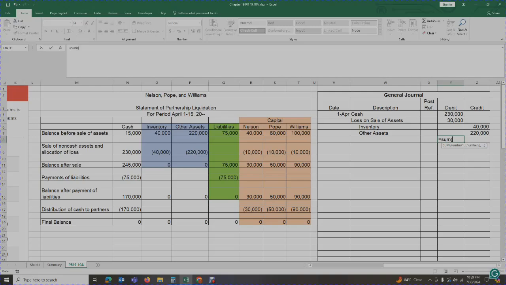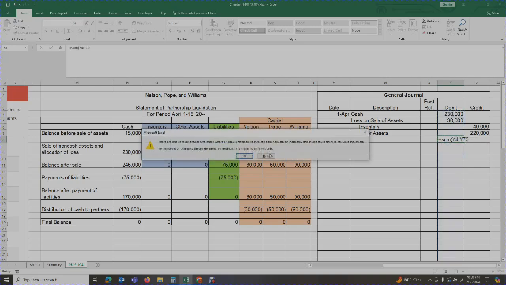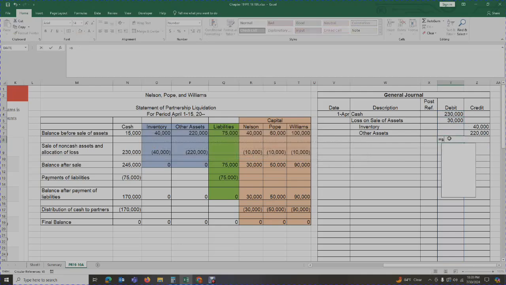Because I am using Excel, I'm just going to do a quick check. I want to make sure that my debits equal my credits. Okay, just to be on the safe side, because you never know. Maybe you're off or you did a typo. It happens to me all the time. I do a typo, and you see here my debits equal my credits, so I'm good.